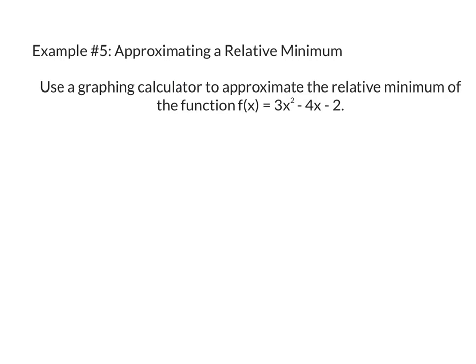Just to give you an idea, a standard window has x-min of -10, x-max of +10, y-min of -10, and y-max of +10. If I use a standard window, this graph is going to look something like this.